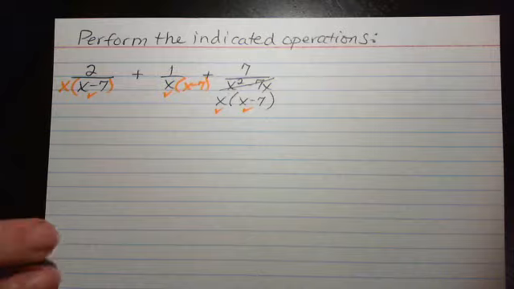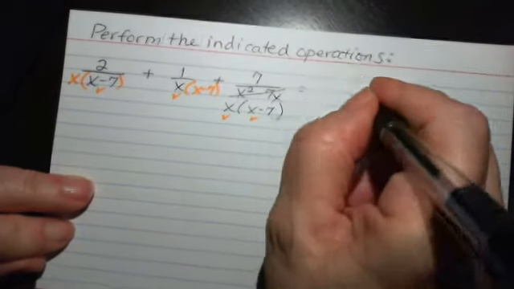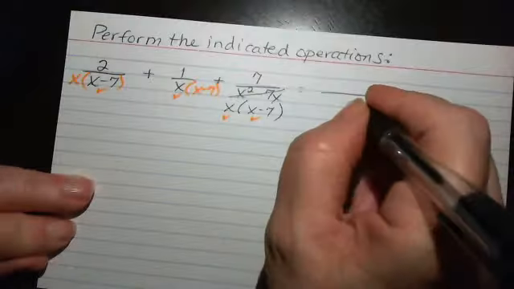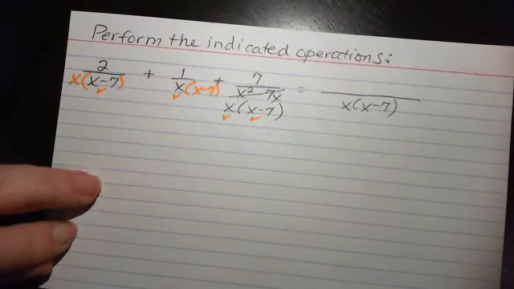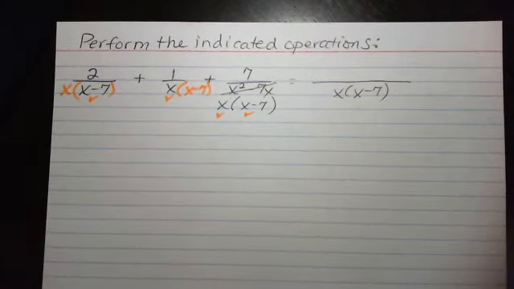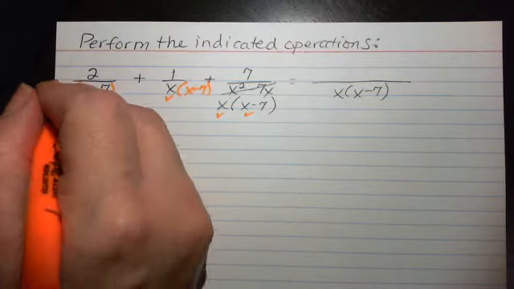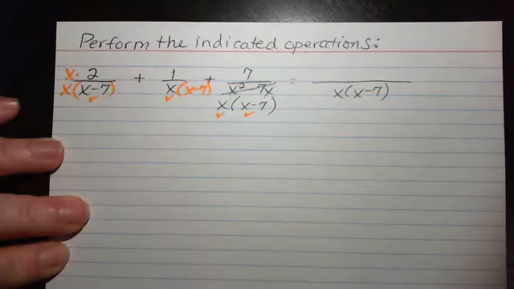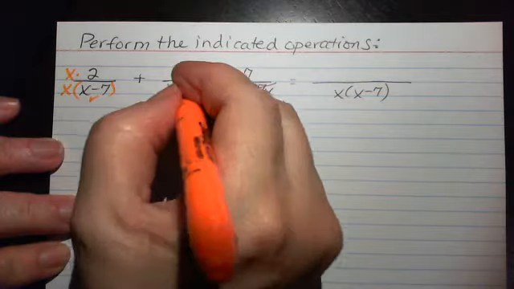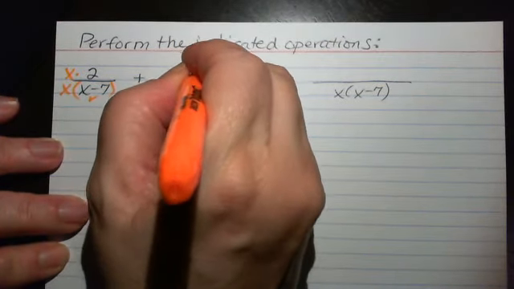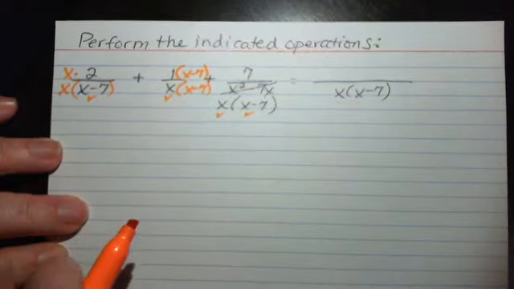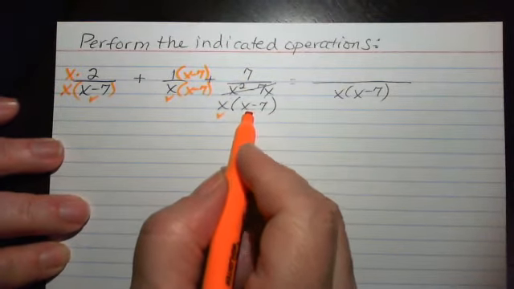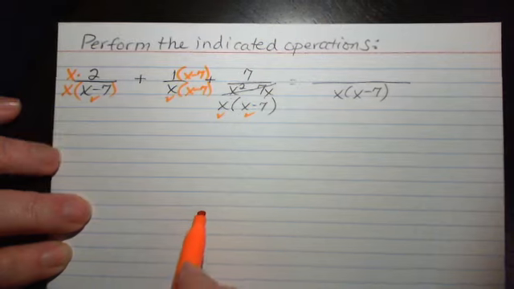So we could write our result now with the common denominator, x times x minus 7. Now the numerators, remember, if we multiply by x in the denominator, we also have to multiply by x in the numerator. Here we have x minus 7 to multiply by, and we don't have to multiply by anything here. This denominator already had both parts of the common denominator.